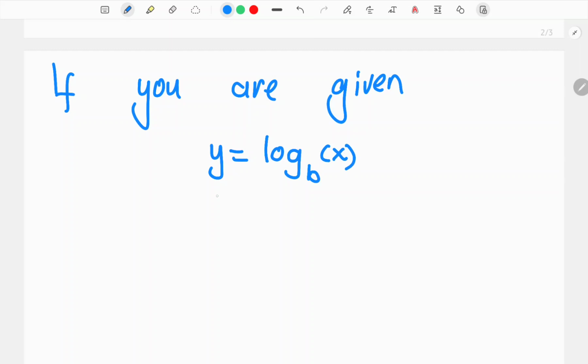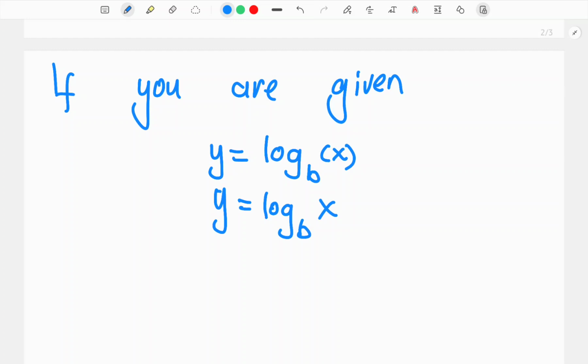The brackets do not mean anything. This is the same as y equals log base b x. Nothing has changed. If you're given a logarithmic function, you need to convert it into exponential in order to be able to solve it.